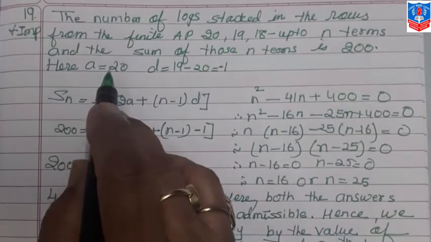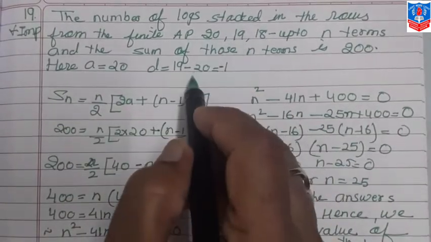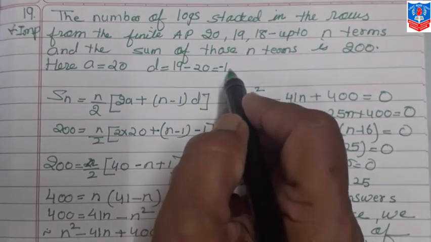So a equals 20, d equals 19 minus 20, so d equals minus 1. Clear?